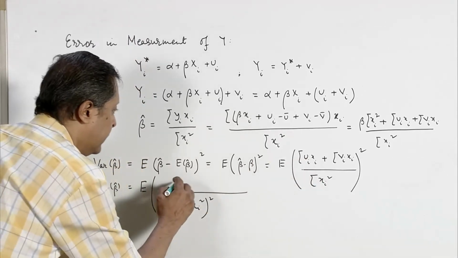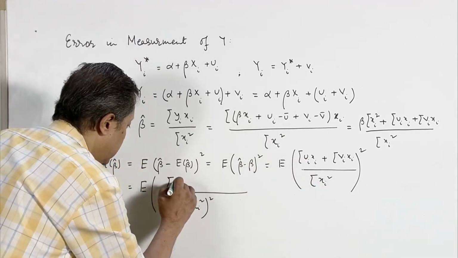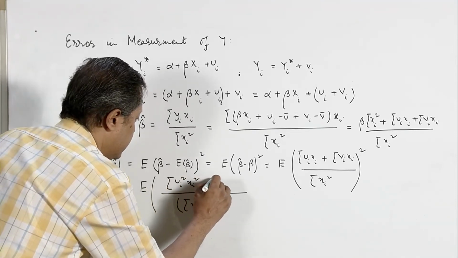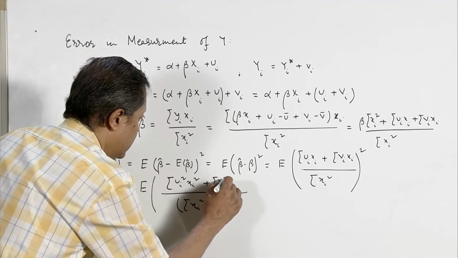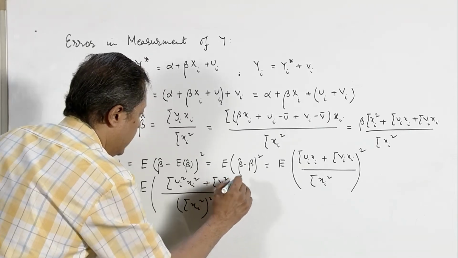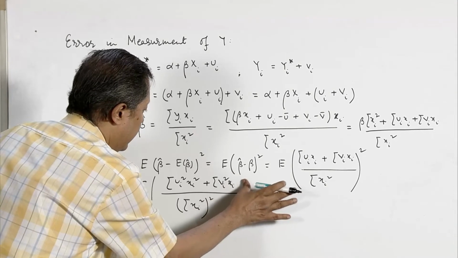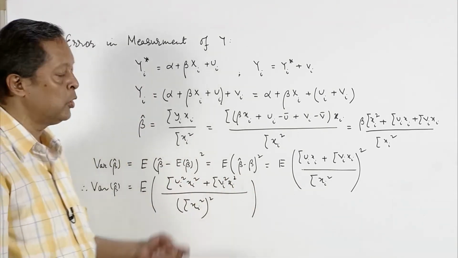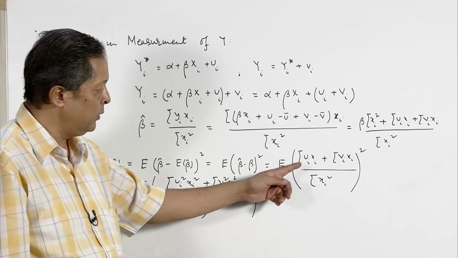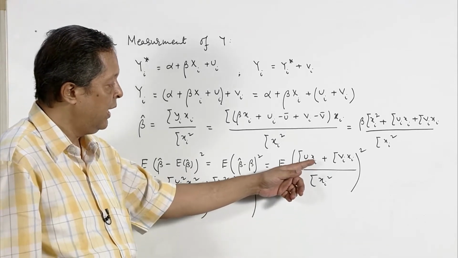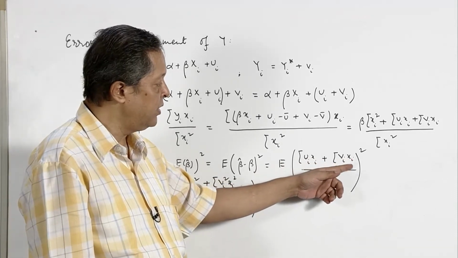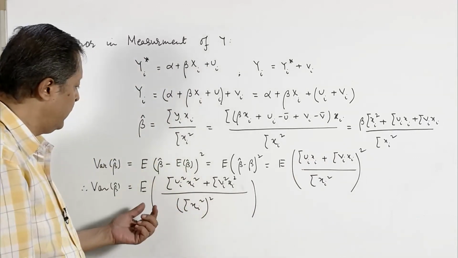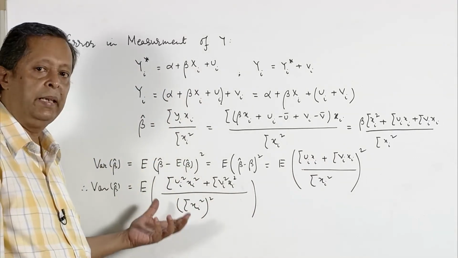So, we are writing summation ui square xi square plus summation vi square xi square. Please note carefully that we have omitted the other terms not because they are 0, but because the expectation of those other terms is 0. We will have terms with ui uj xi xj and vi vj xi xj and also cross products between these, but when we take the expectation, those terms will be equal to 0.